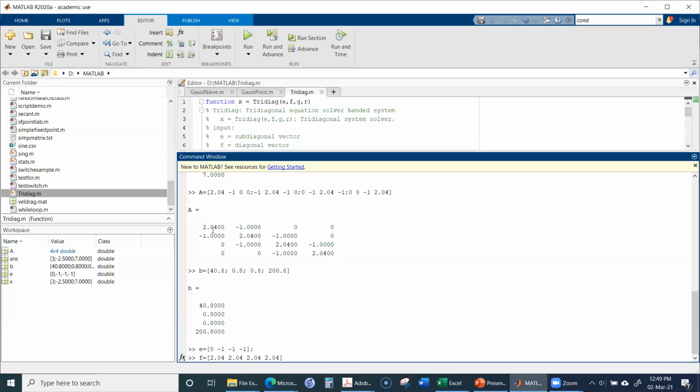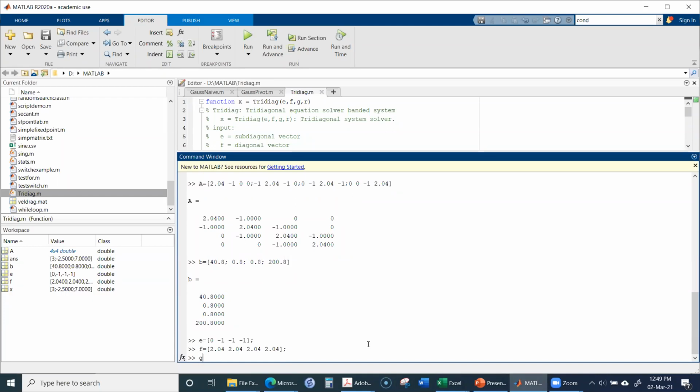You can have different values, for example 2.04, 3.5, 3, 2. But in this case, we are just taking them as the same. G are the upper elements, which are -1, -1, -1, and then the last one will be 0, because for the fourth row we take it as 0.